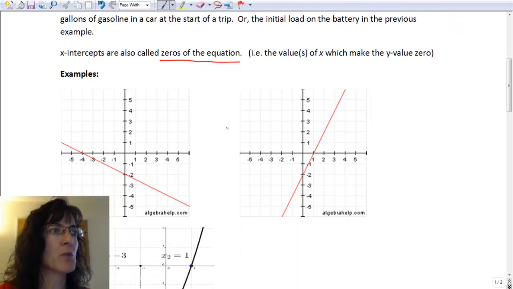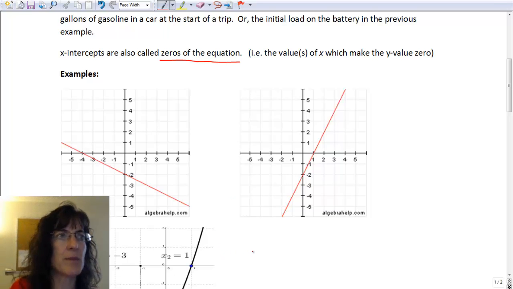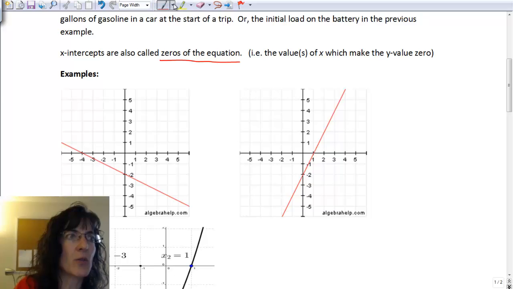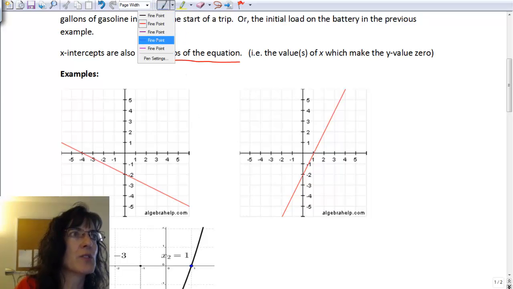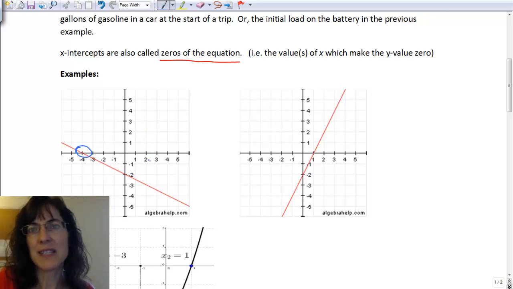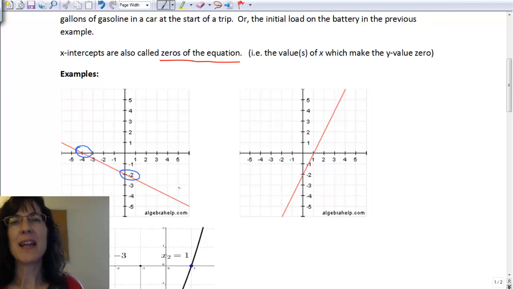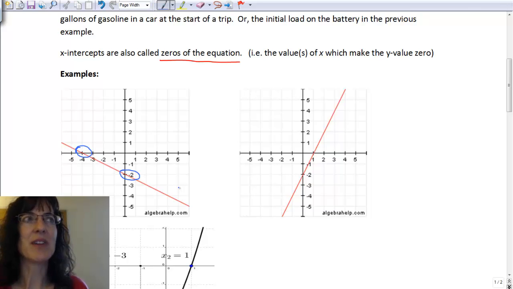Here's some examples. So we're looking at this first graph and we want to figure out what the x and the y-intercepts are. This one is a linear example, a straight line. So we're looking for the place where it crosses the x-axis, and here's the place where it crosses the y-axis. Now, just finding them is not what we mean when we say find the x and the y-intercepts.